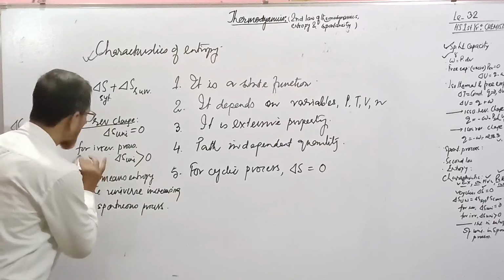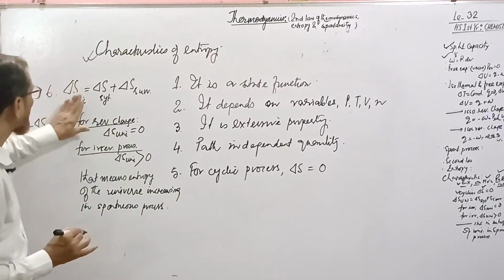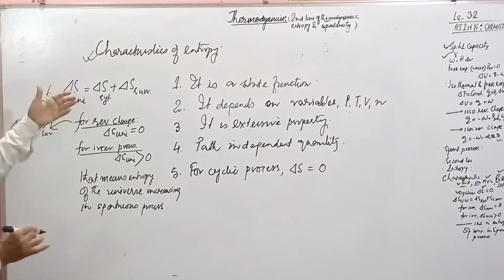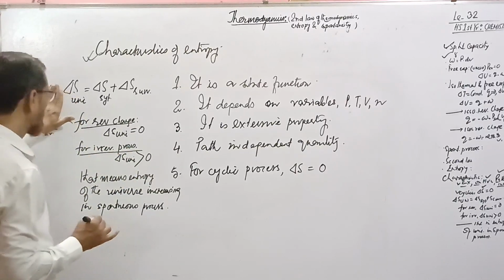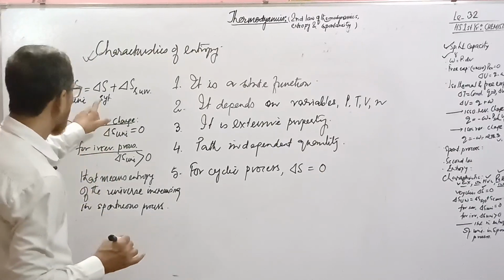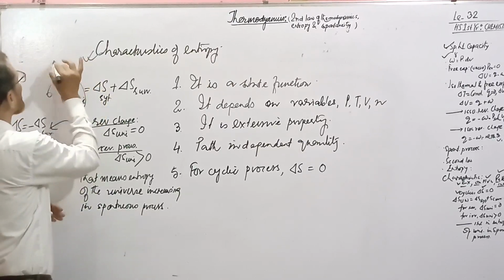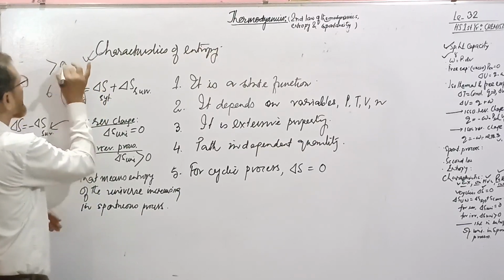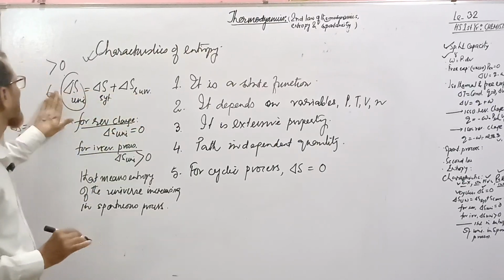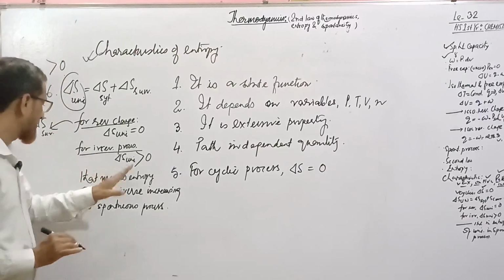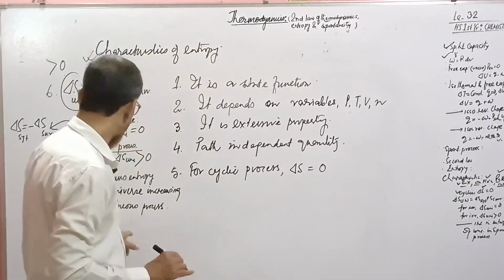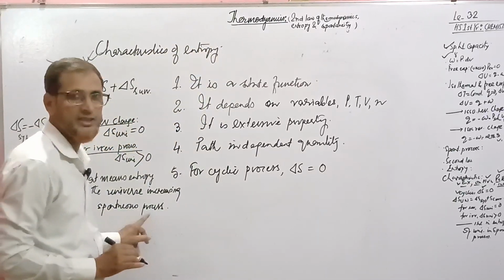But for an irreversible process, del S of universe is greater than 0, meaning it is something more than 0. If it is more than 0, that means the system plus surrounding has some positive value, which means the entropy of the universe is increasing gradually, and these processes are spontaneous processes.